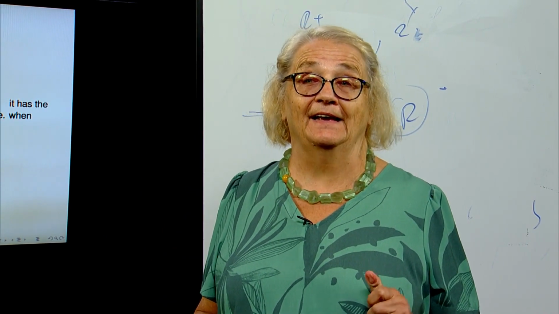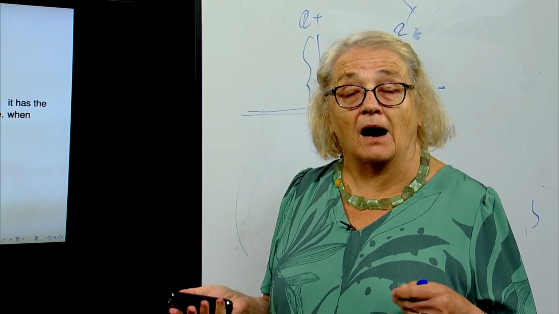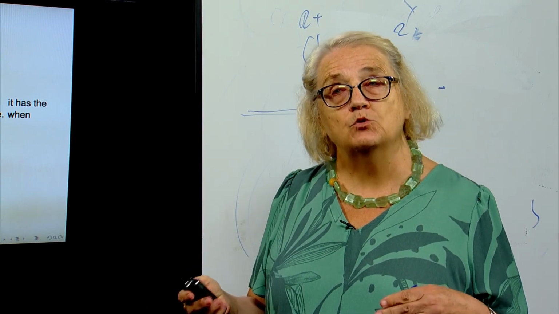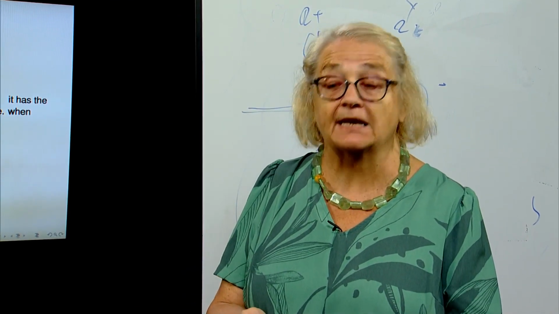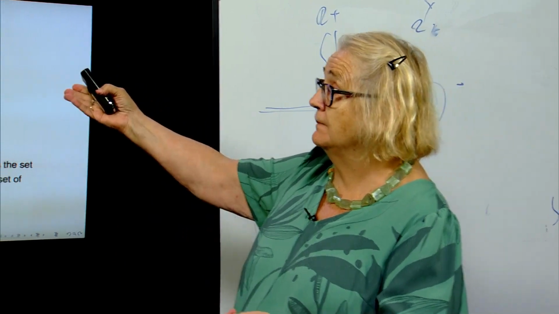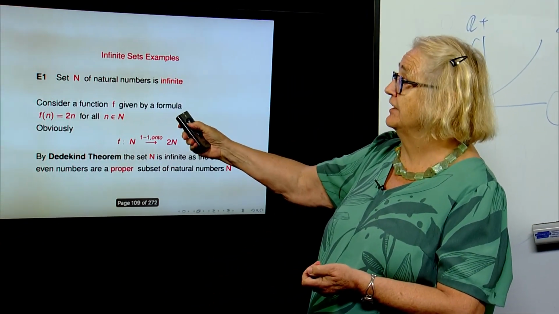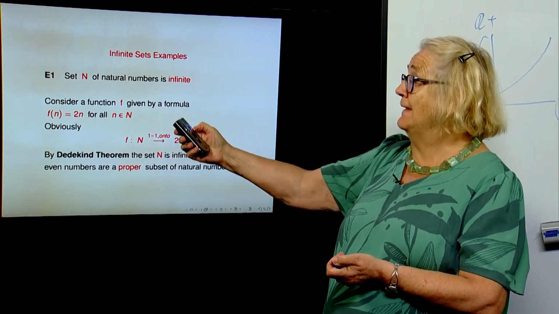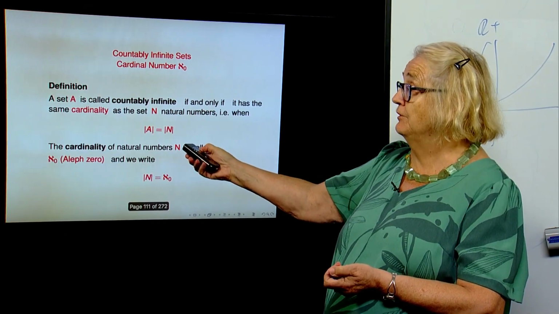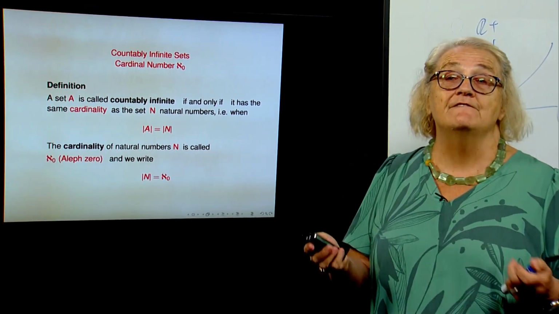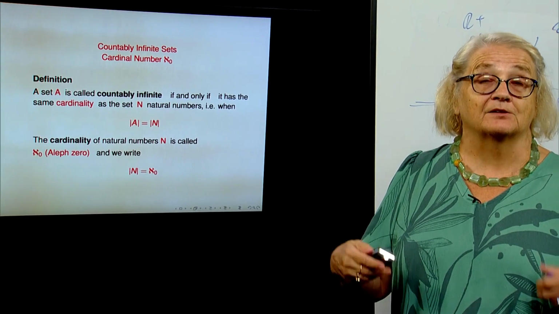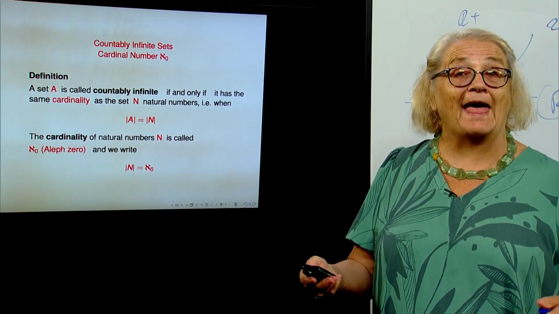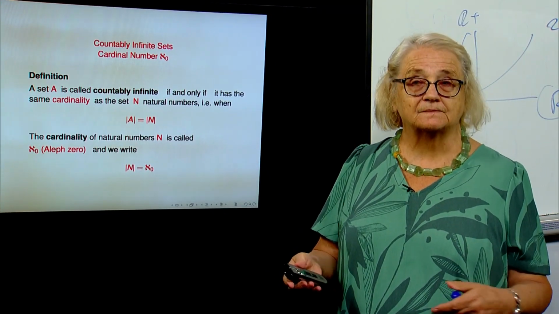And again, the question is, are those two infinities the same? You have the set of real numbers, and you have the set of natural numbers. They are both, as we just proved, infinite. Are those infinities the same? The next thing we prove is that they are not the same.